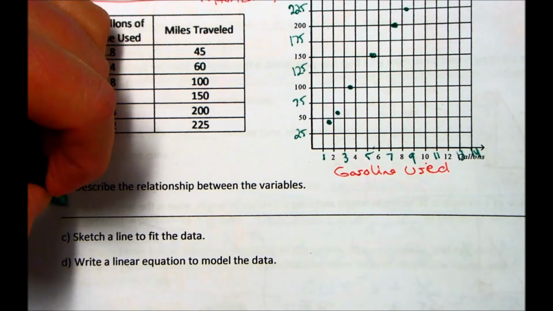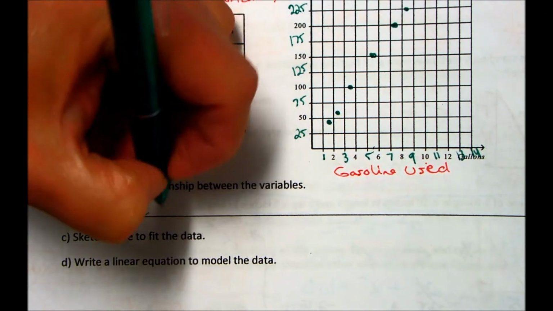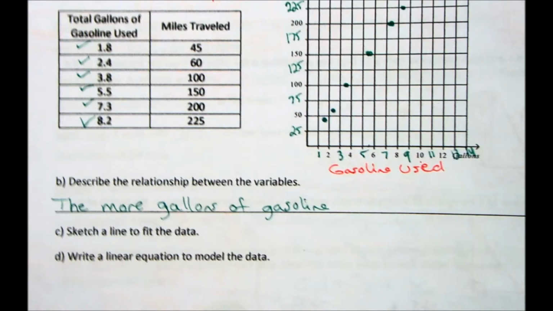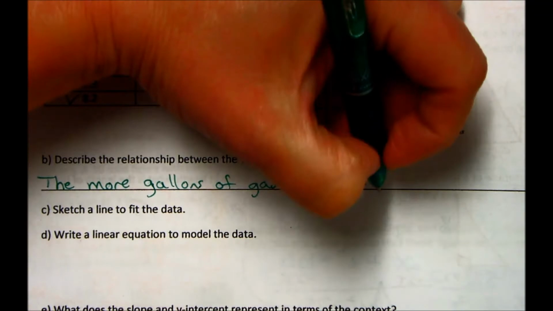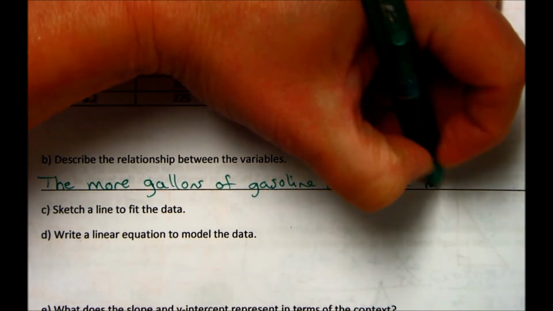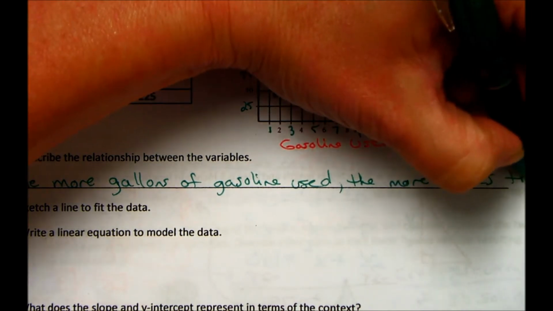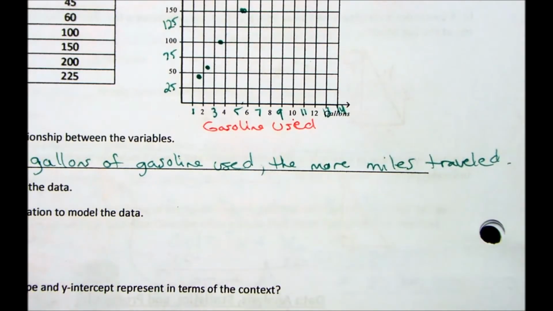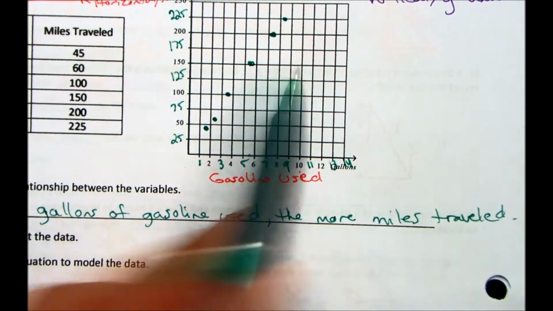So the more gallons of gasoline used, the more miles traveled. So that's one way of saying it. You could have also said, as the gallons of gasoline used increases, so do the miles traveled.